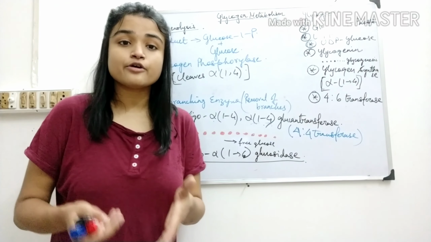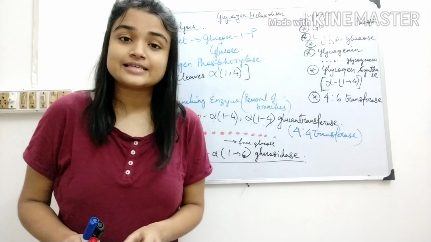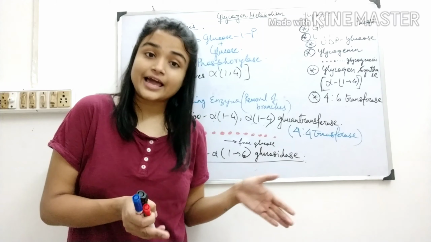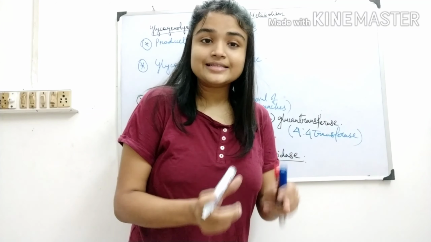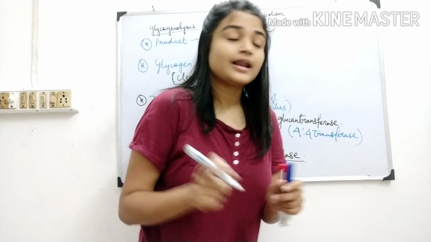Now another set of enzyme apart from this, that is lysosomal enzyme, also helps in the degradation of glycogen. Lysosomal enzyme degrades about 1 to 3% of glycogen.